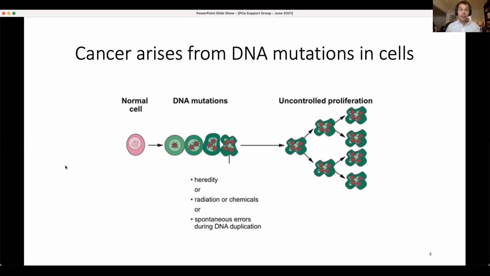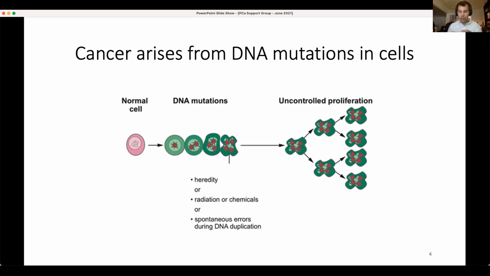So cancer is fundamentally a disease of the genome. And what I mean by this is that cancer is both caused and driven by mutations that are acquired in the DNA of normal cells. So what typically happens is that normal healthy cells will get a mutation to the DNA that enables that cell to divide more rapidly compared to other cells.